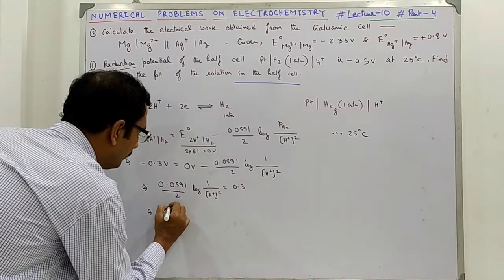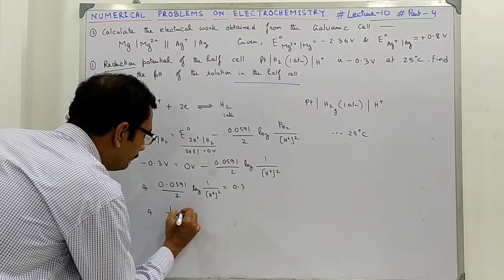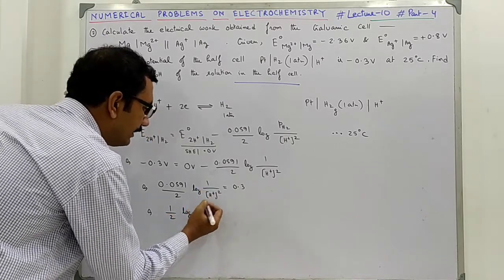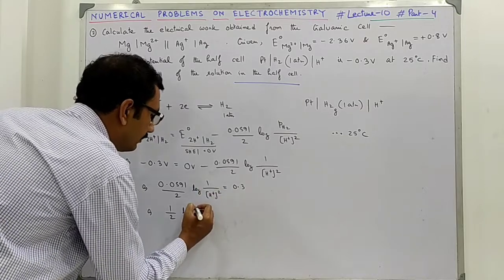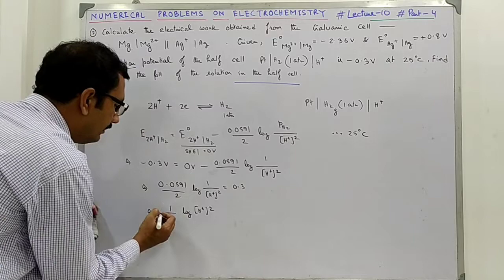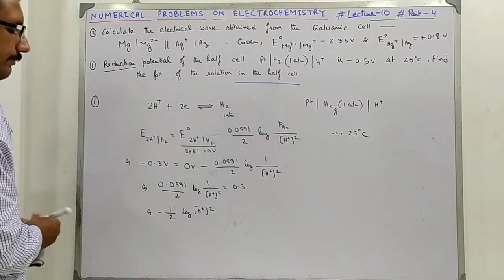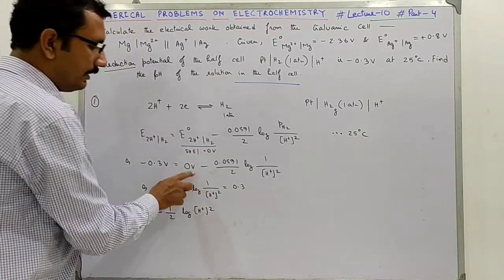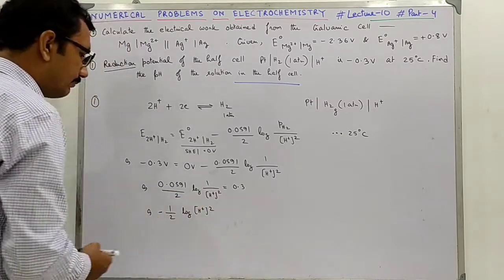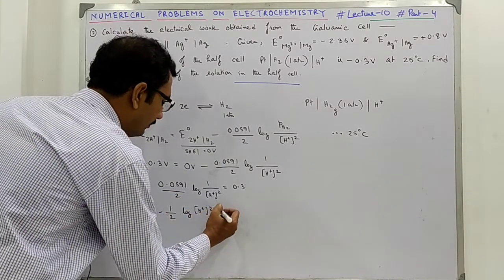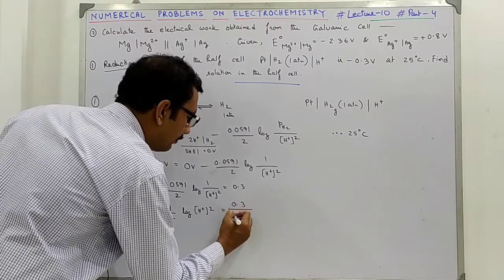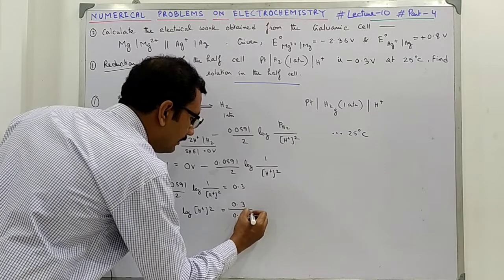So, we will have 1 by 2 log, let us take the denominator to the numerator, so it will be H+ whole square. Now, there will be a minus here. If we invert the numerator and denominator, there will be a negative sign outside. So, it is 0.3 by 0.0591.